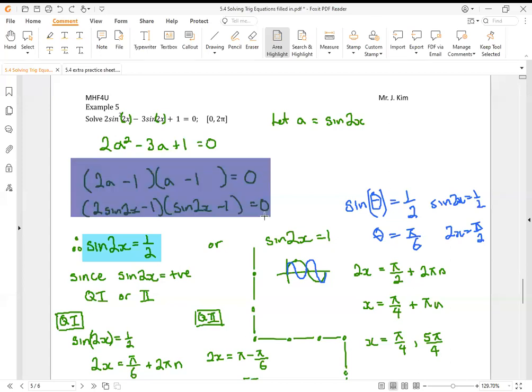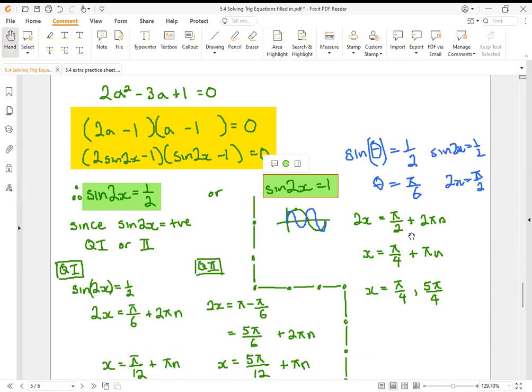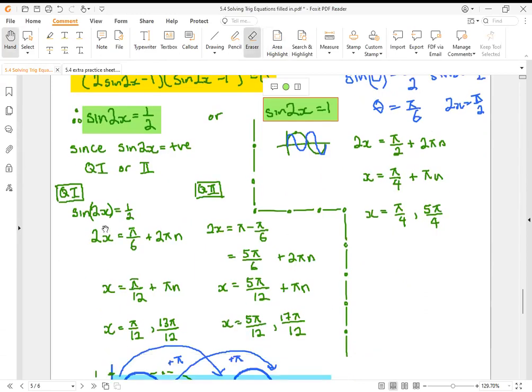This is using your polynomial skills to identify some ratio equals a number, right? It helped us calculate this. And in doing so, we are using cast rule to figure out what the angles actually are.